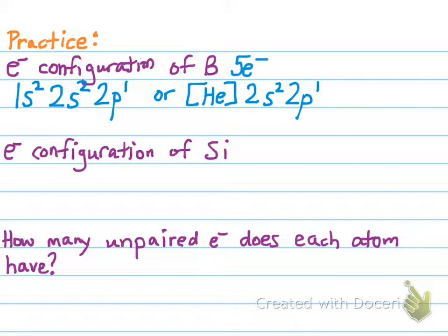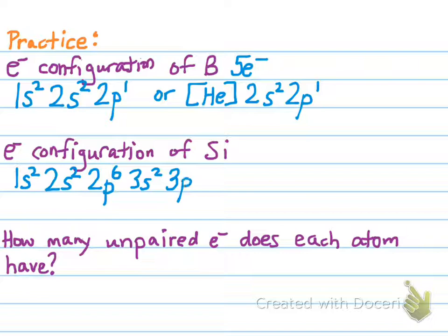When I'm talking about silicon, again, I start up at my top left-hand corner, and I come to my 1s with 2 electrons, my 2s with 2 electrons, my 2p with 6 electrons, because silicon is in the 3rd period, 3s, 2 electrons, 3p, and I can kind of count over.